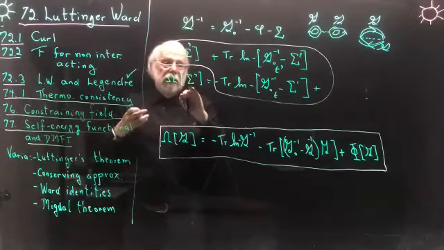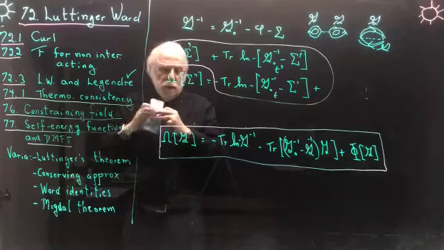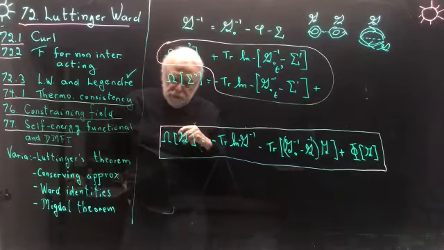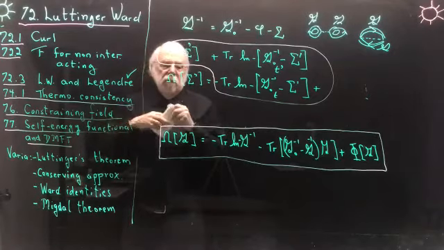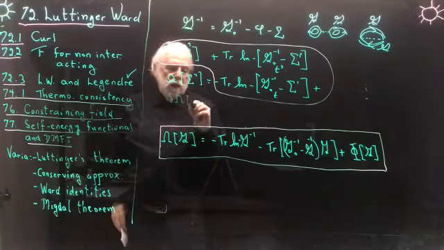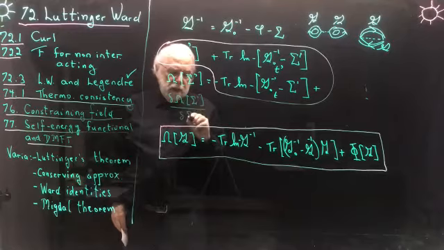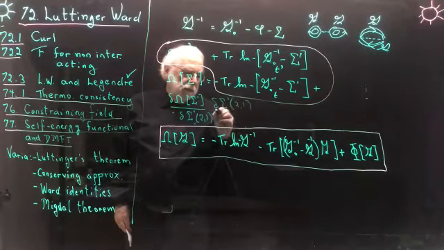Okay, now the rule is that I need to minimize this. Well, no, extremize, I'm sorry. There's no proof that it's a minimum, but it's an extremum. So delta omega of sigma prime over delta sigma prime 2, 1, with respect to these variational parameters.